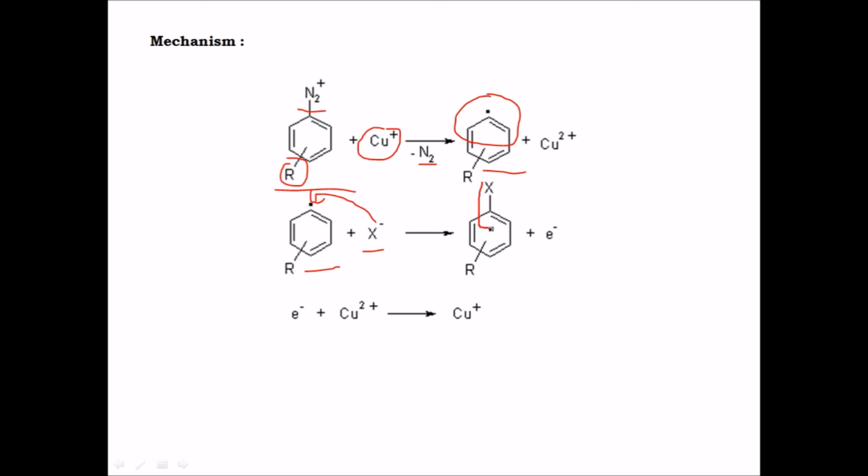So a new bond is formed between carbon and halogen with removal of one electron, and this electron is abstracted by Cu2 plus to convert into Cu plus 1. So what was used in the first step, we get back in the last step, Cu plus 1, and we have replaced the N2 plus group by X, so that we get formation of haloarenes.